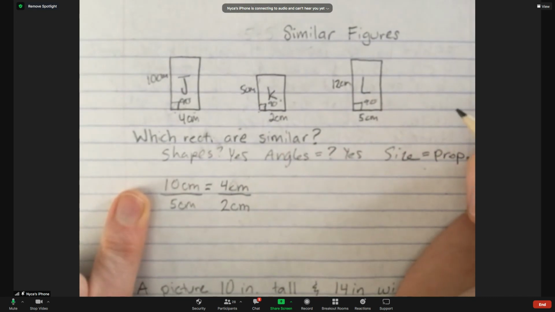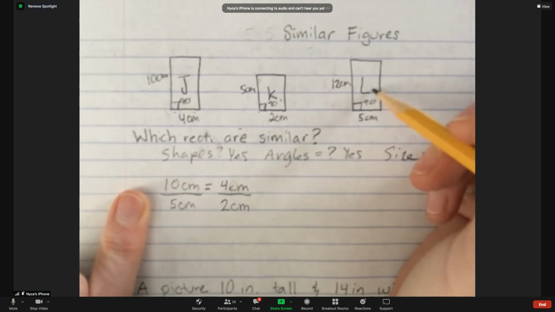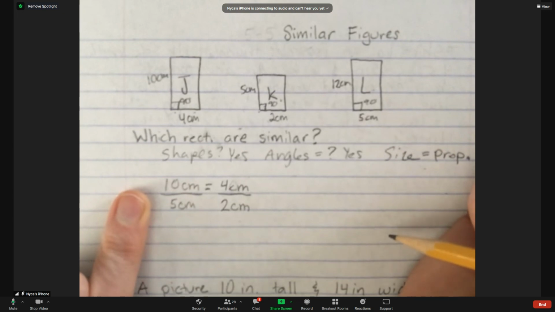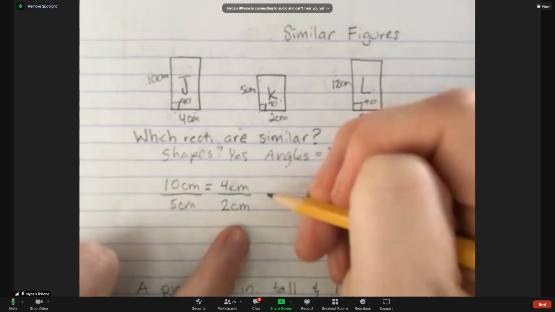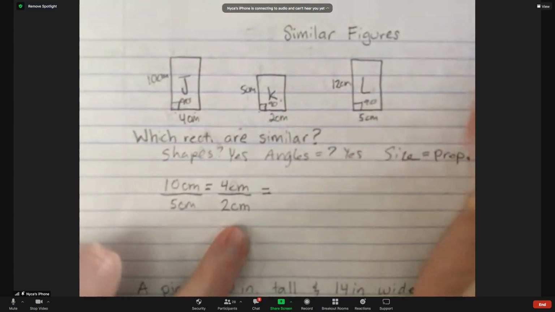Okay, then what you want to do is look at the other section to see if that one is also equal or not. So you can say, is the fraction or the scale between these the same?